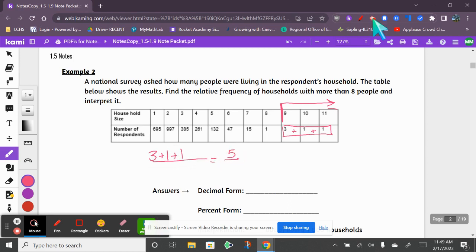To find what it's out of, we would have to find the overall total. So our overall total is, if we add up all of these numbers, we get 2,538.